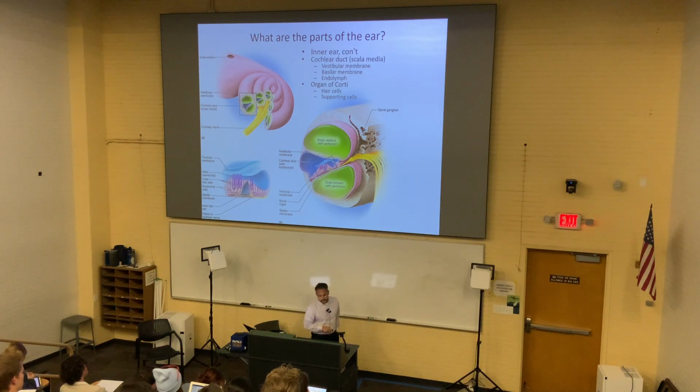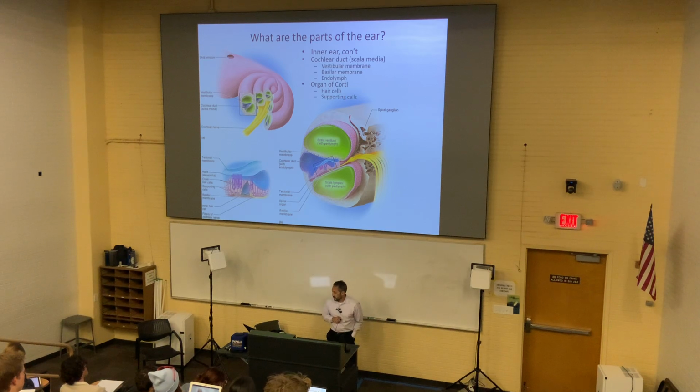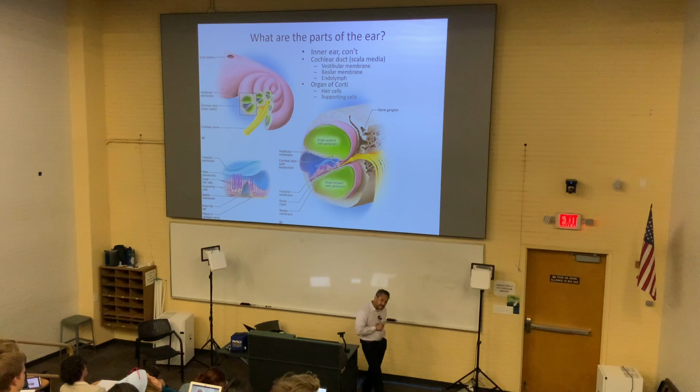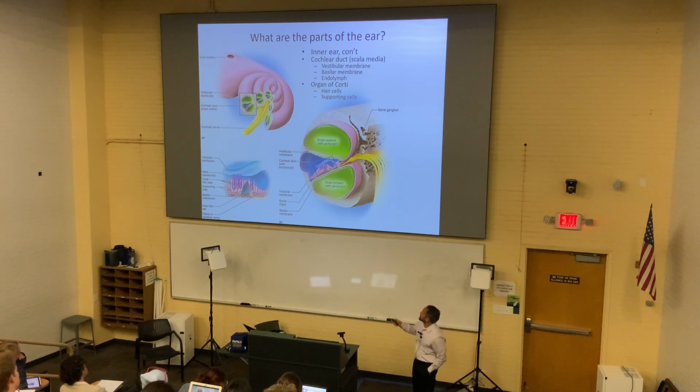In the perilymph, the main ion present is sodium. But in the cochlear duct, where you have endolymph in blue, potassium is the main ion present here.